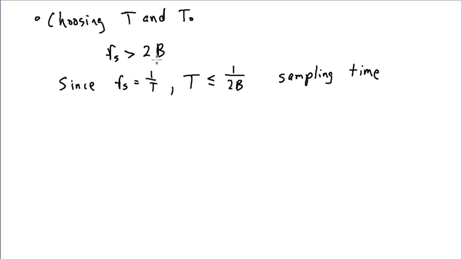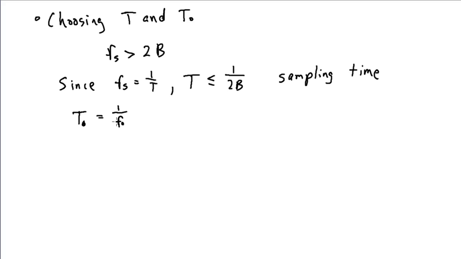And it's determined by the highest frequency present in my time domain signal. So again, if B is something like 10 kilohertz, then I need to sample at a minimum of 20 kilohertz. We also know that there's a relationship between the distance between my x of n samples and the distance between my samples in the frequency domain.